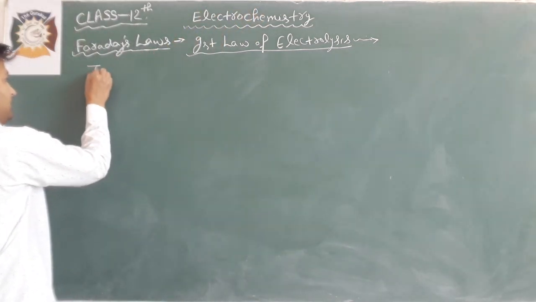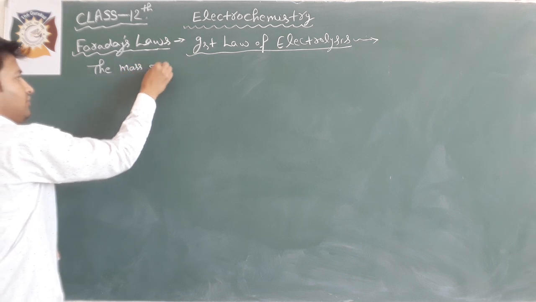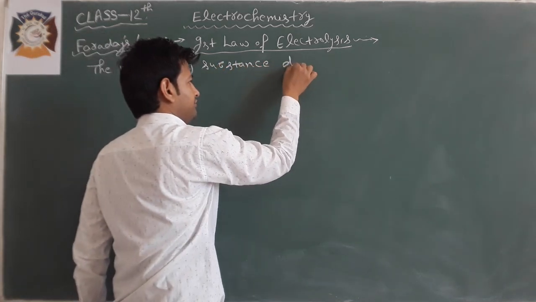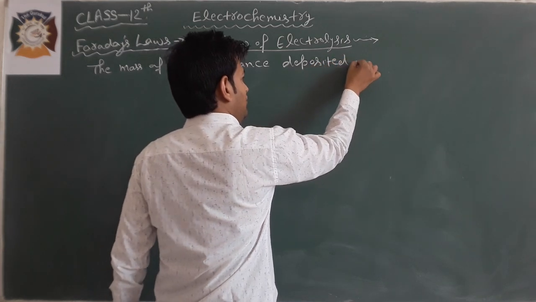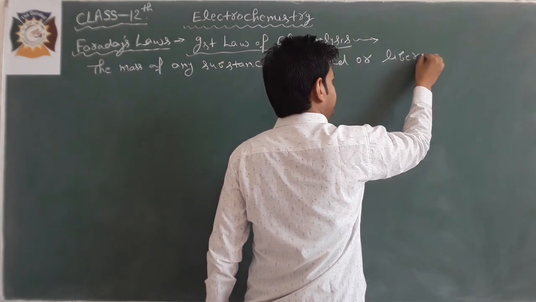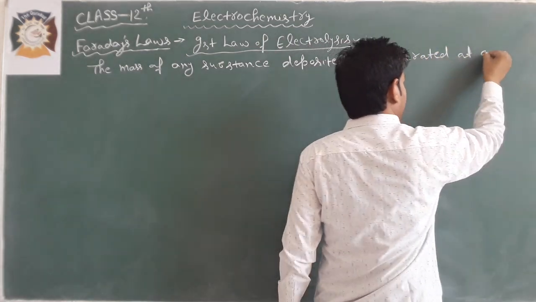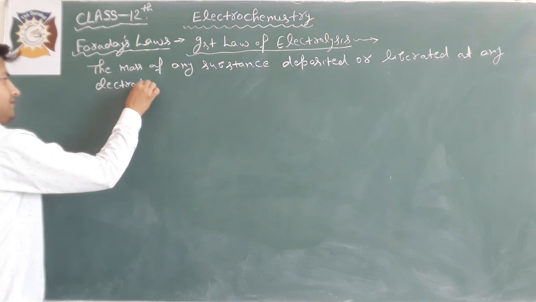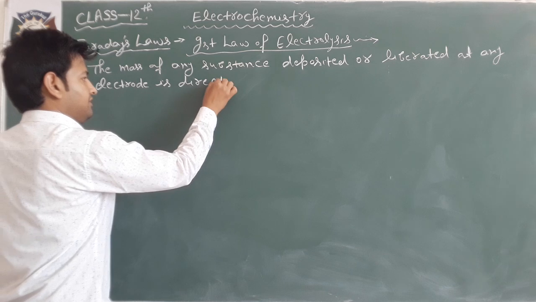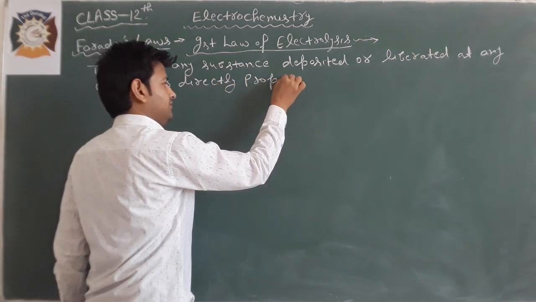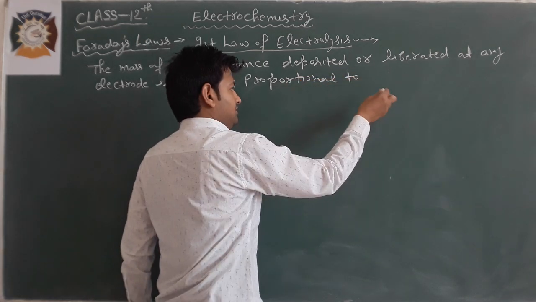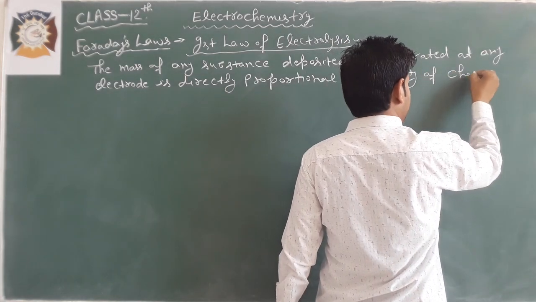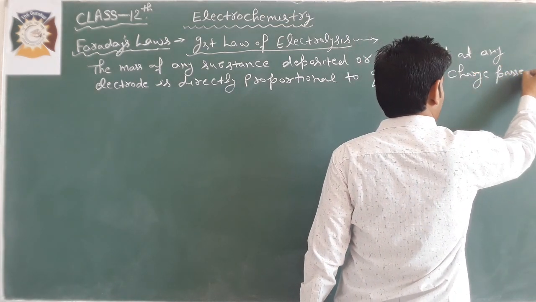So we can say that the mass of any substance deposited or liberated at any electrode is directly proportional to the quantity of electricity or charge passed through it.